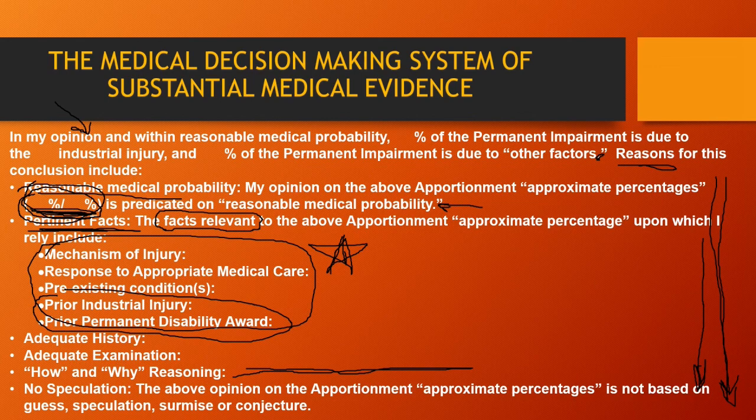Now here, this filter is going to stop some percentages from passing through because there will be no pertinent facts to support those percentages. But a couple of the percentages will pass through this filter, and then they'll have to encounter the filter of an adequate history, and the filter of an adequate exam, and the filter of how and why reasoning, and finally the filter that, hey, this final opinion that's passed through all these filters, it better not be based on anything related to speculation, guess, conjecture, or surmise.